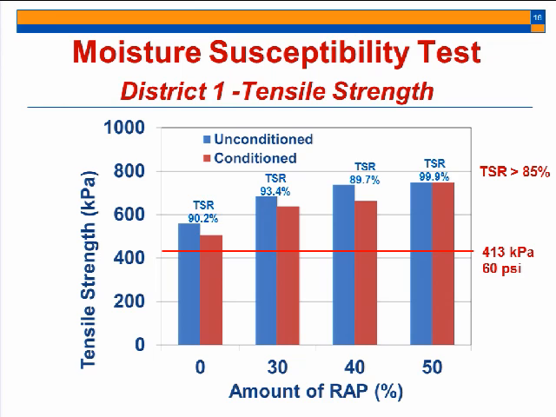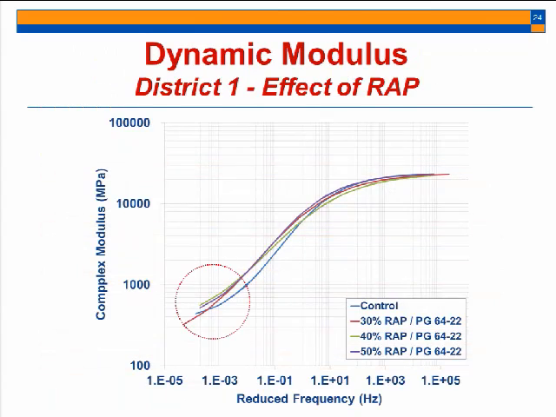I think, Kazi, maybe it's worth making a comment regarding the PG 58-28 that we used. Yeah. It's true that when we are using the 28, we should be seeing a better performance at the low temperature, which we did, but it was marginal. The reason is that when we looked into the PG 58-28, it was actually 58-27.